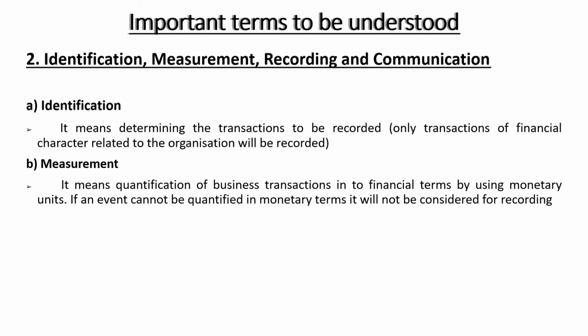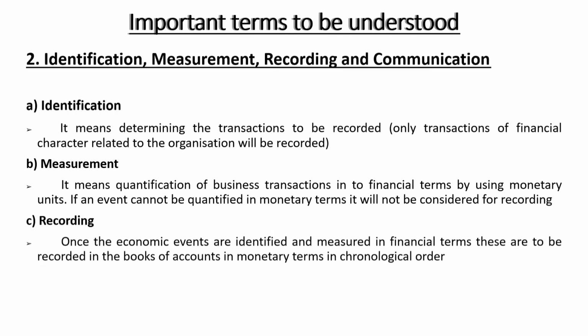of accounts. After identification and measurement, that means the quantification, these transactions have to be recorded in the books of accounts. Once the economic events are identified and measured in financial terms, these are to be recorded in the books of accounts in monetary terms in chronological order.